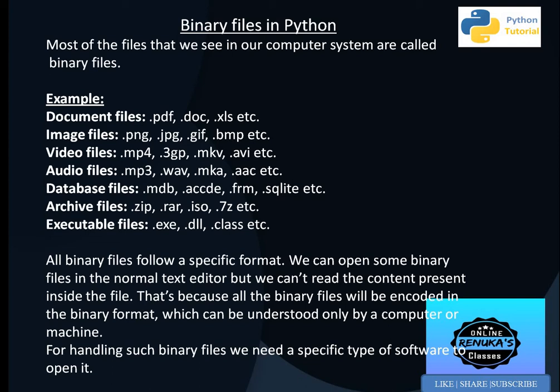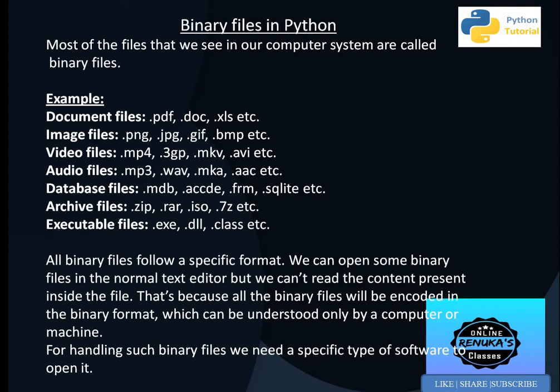There is no need to convert that code to some other binary format. It is already in binary format, so that's why it is understandable by the machine. No character translations are required, and that's why binary files are easier and much faster than text files.